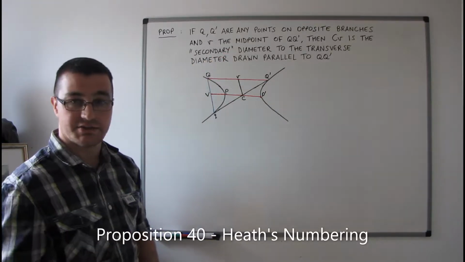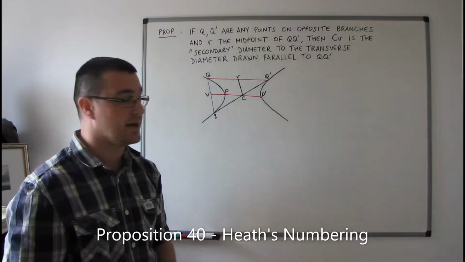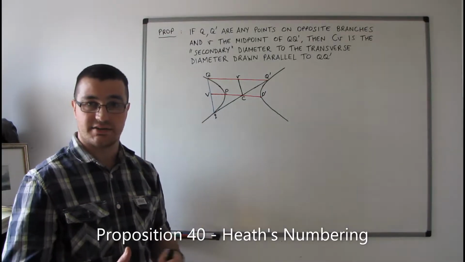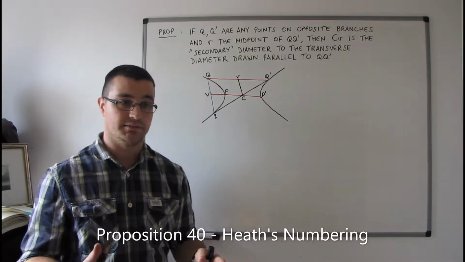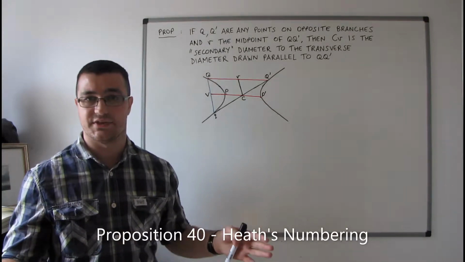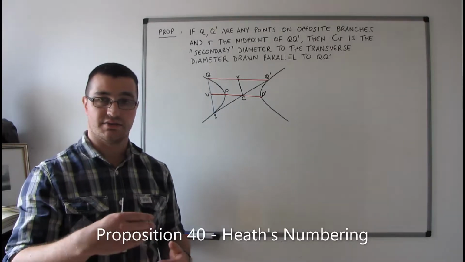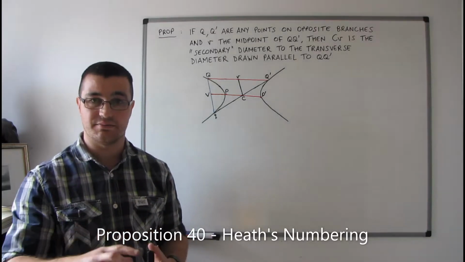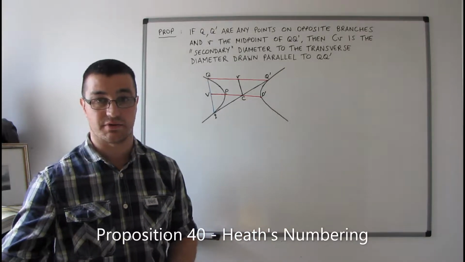In an earlier video, I think video 3, third part, I said that given a hyperbola or an ellipse with a transverse diameter and the parameter of that diameter, the secondary diameter is a mean proportional between the length of that transverse diameter and the parameter.